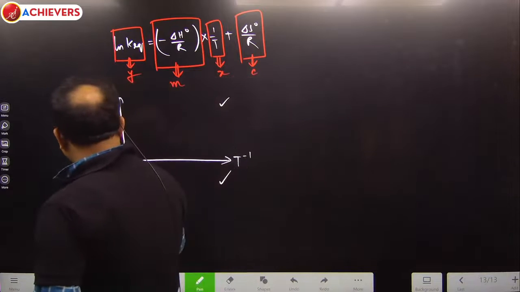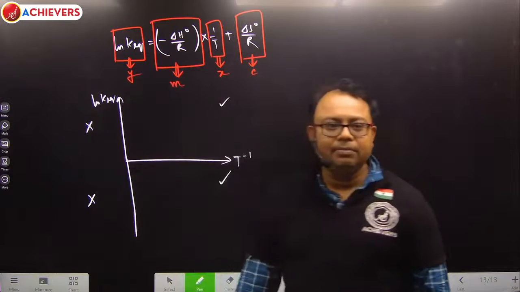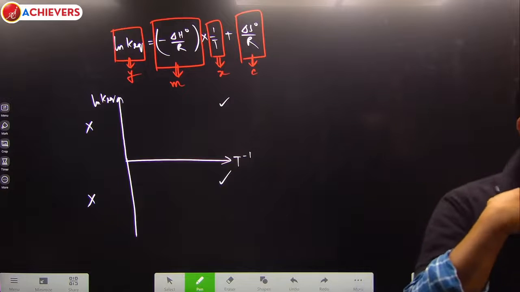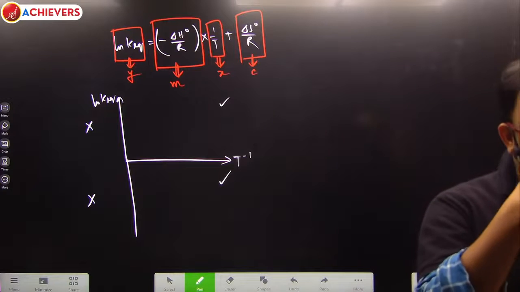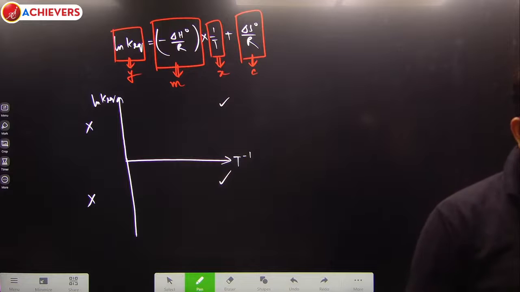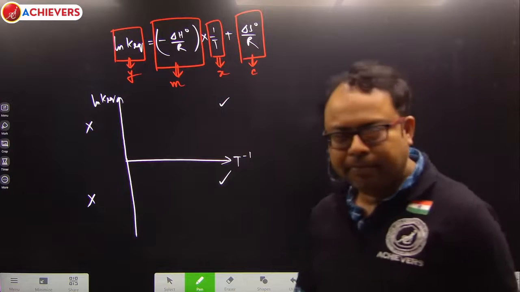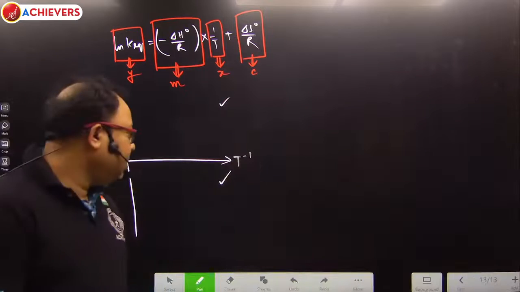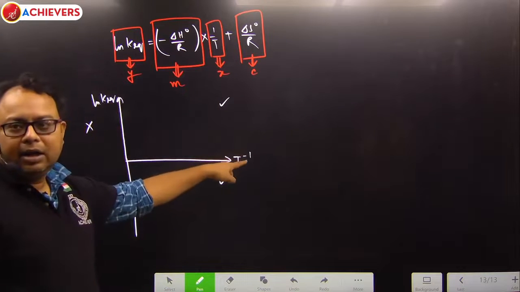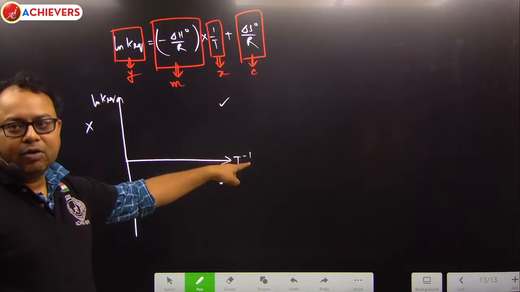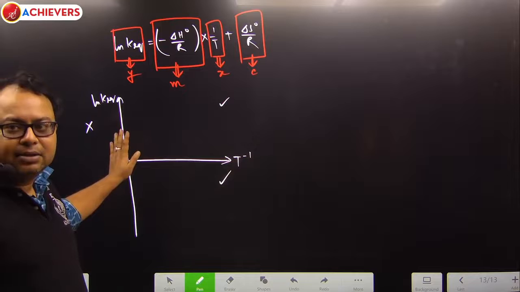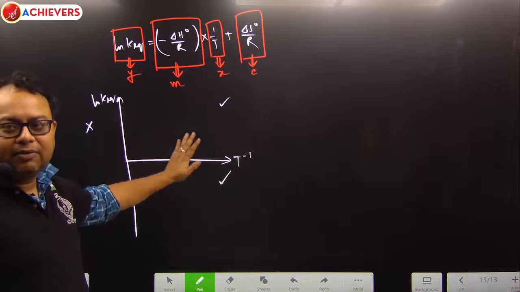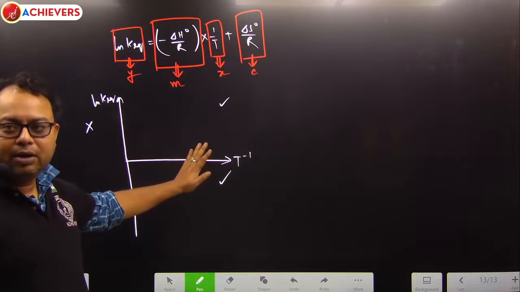It will not exist in the second and the third quadrant. Okay. Why? Because T cannot be negative, so 1 by T cannot be negative. So, no question of second and third quadrant arises. The plot will exist only in the first or the fourth quadrant.